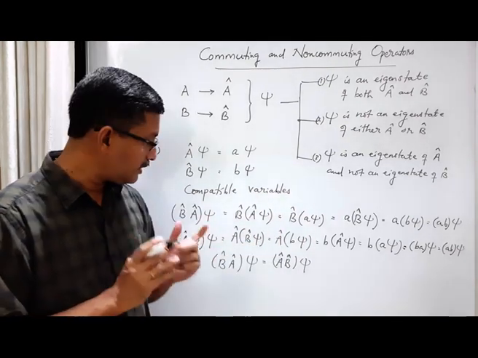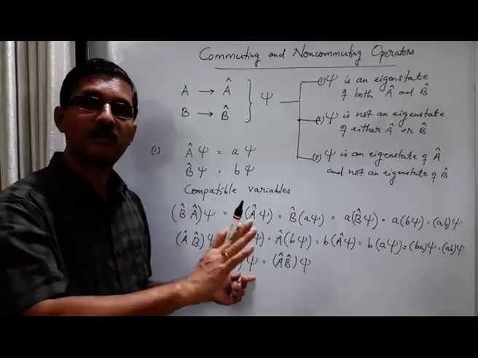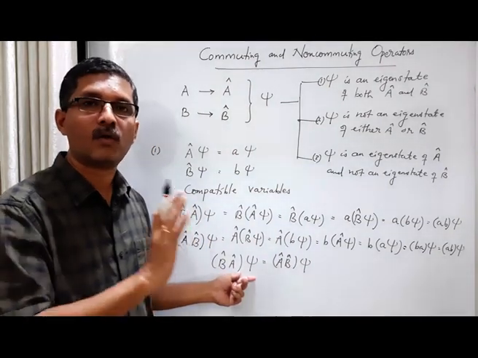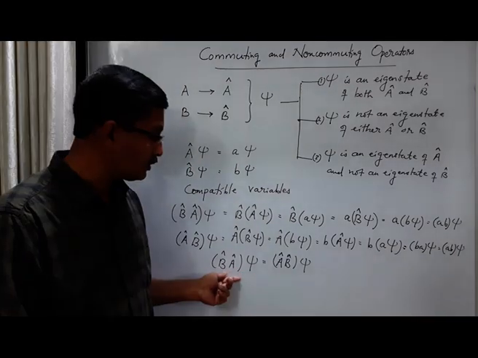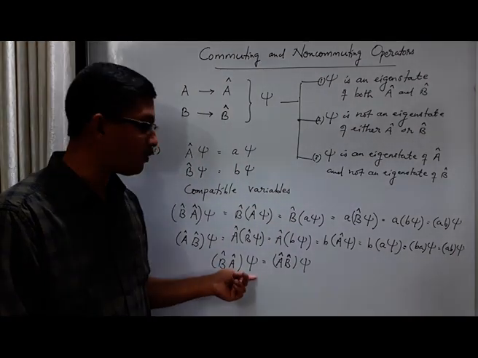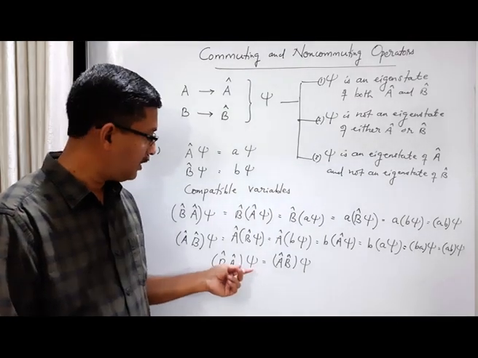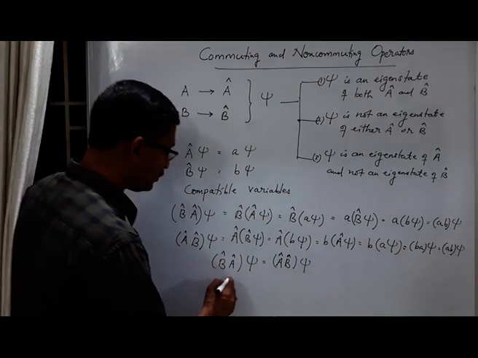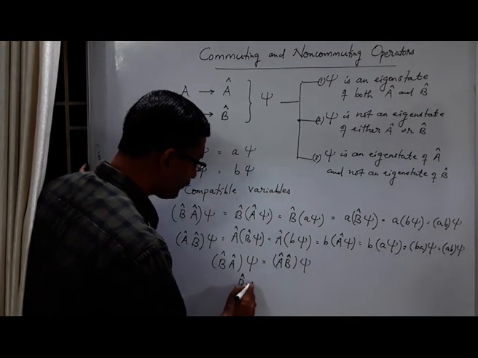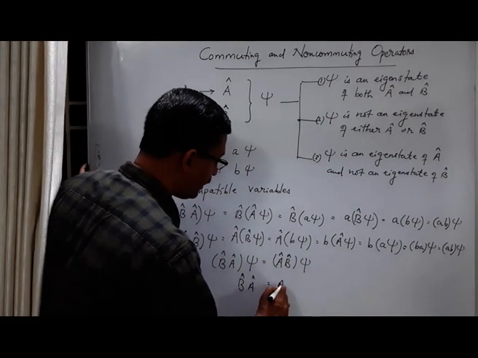Then we can show that if it is true for the complete set of eigenstates of the system for these two operators, then it is true for any general state of the system. So if psi is any general state of the system, then from this we can conclude that BA is equal to AB.